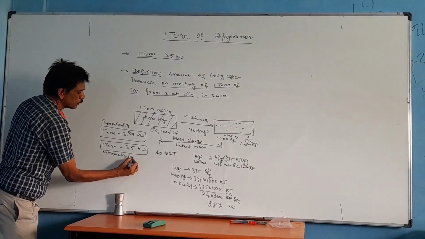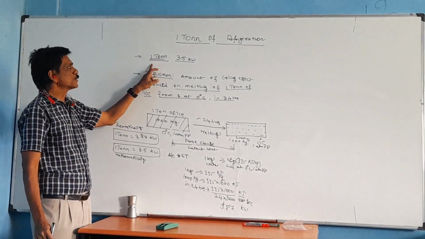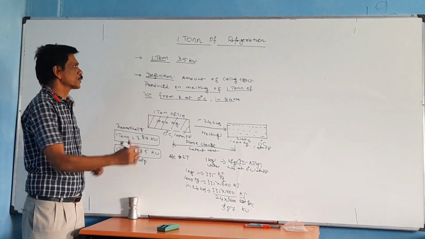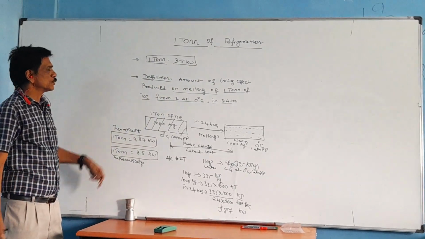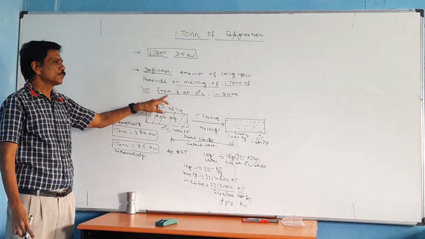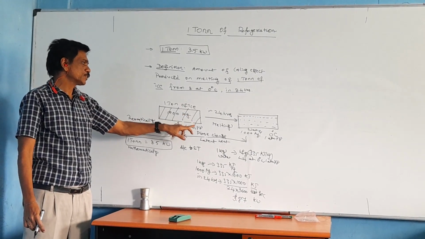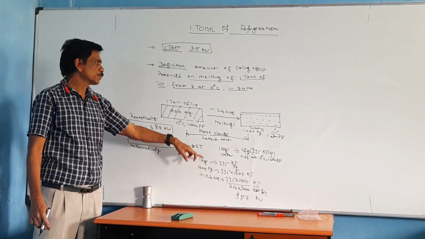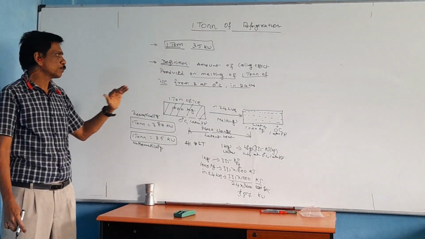While solving refrigeration problems, we will consider the unit of refrigeration as 3.5 kilowatts. This is the definition of 1 ton of refrigeration, and this is the derivation showing it as 3.5 kilowatts.